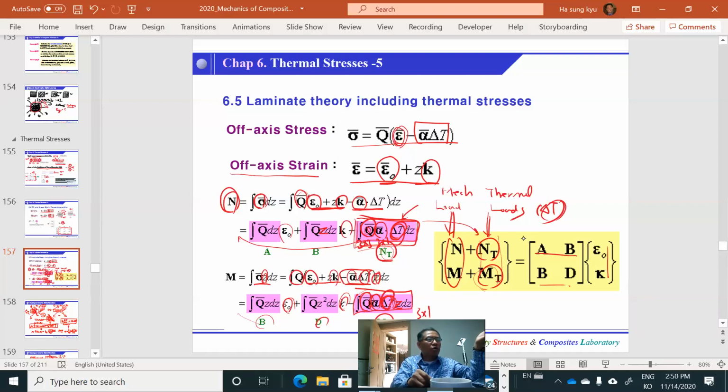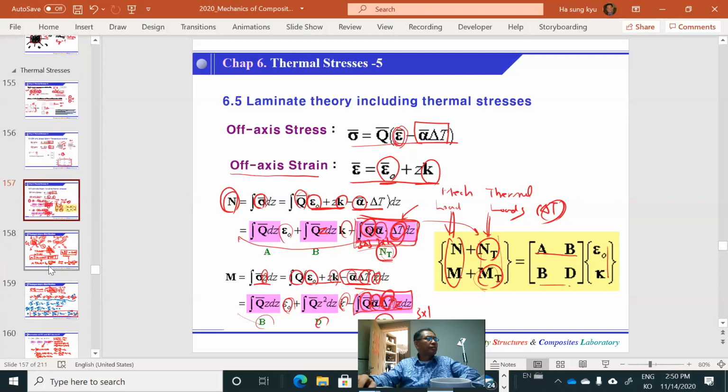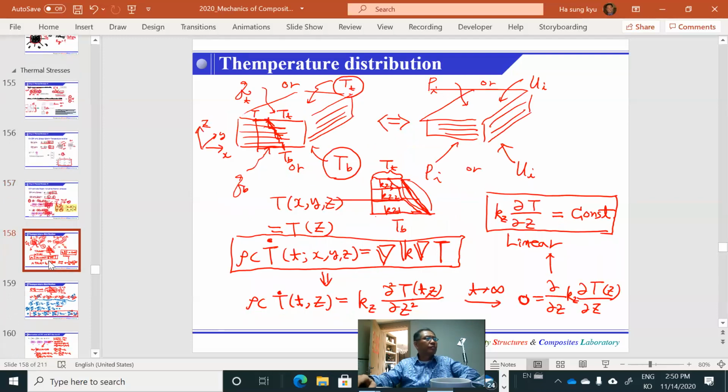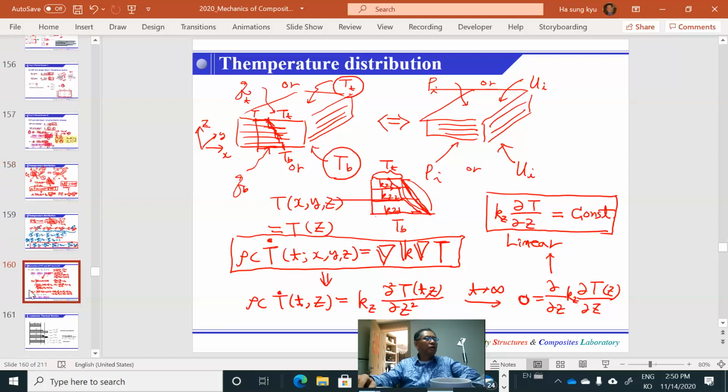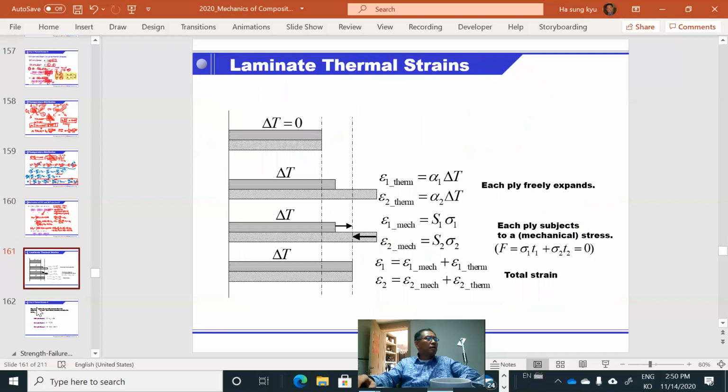Notice that Q bar times alpha bar, that's the term we need to have. This is not needed, and this is not needed.